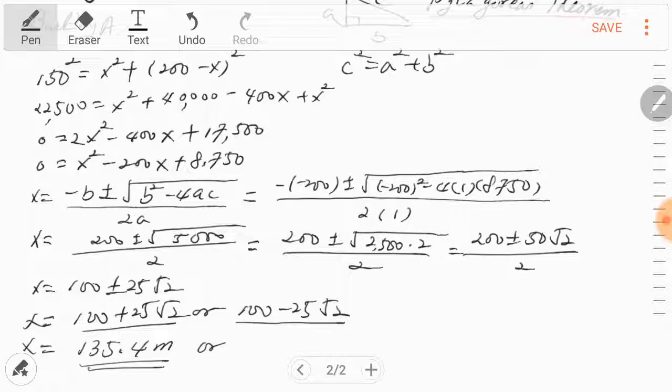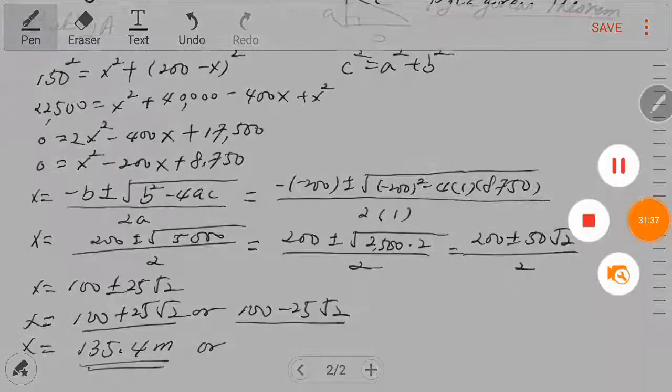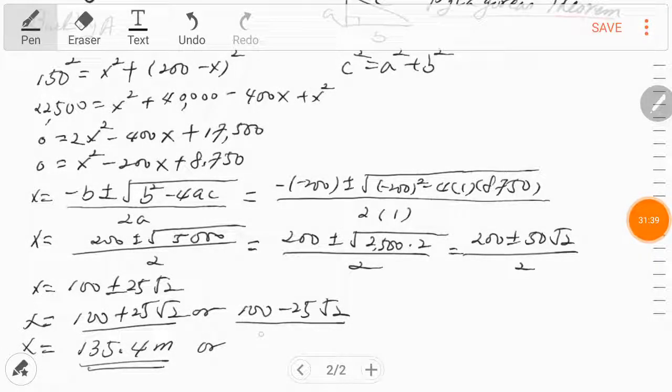So that is equal to, and this should be 64.6 meters. So x is either this one or this one. There are two x values, so it doesn't matter which one it is. One can be longer, one can be smaller.